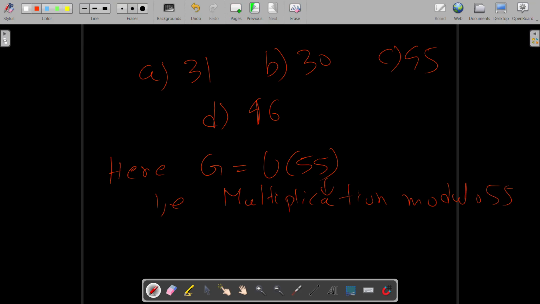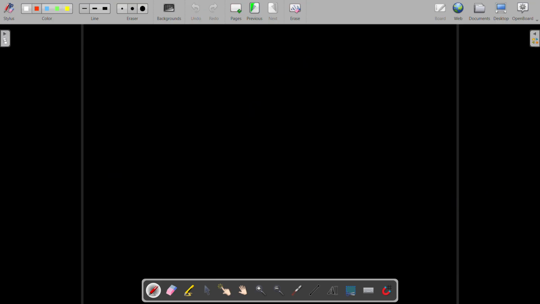We have to check by putting in the values and seeing whether our conditions are satisfied. So we first take x as 31, and then x square is 961, and 961 is equal to 26 mod 55.